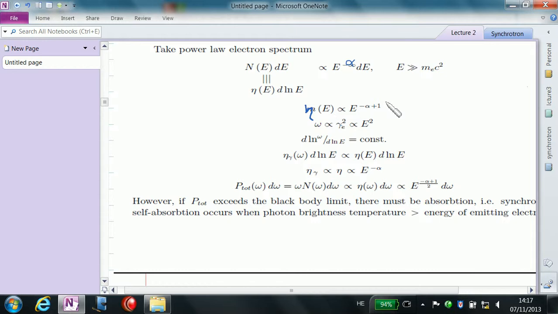So the rate at which the amount of energy that you have emitted in any logarithmic interval is the emission. It's e to the minus alpha plus 3 is the rate of emission.